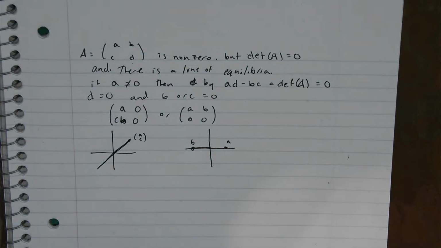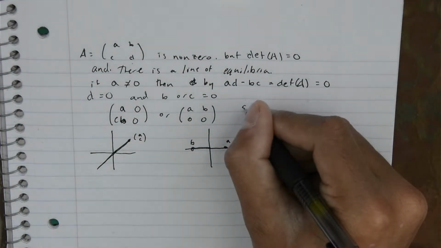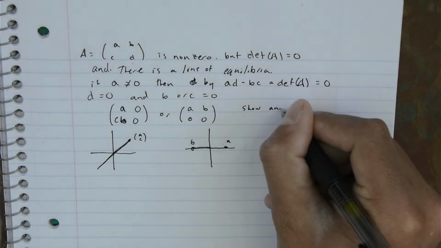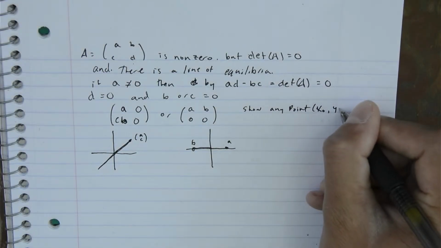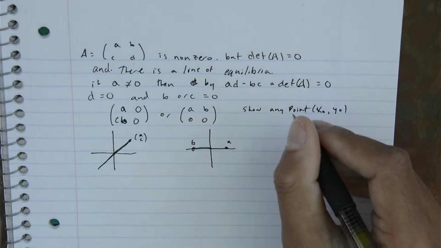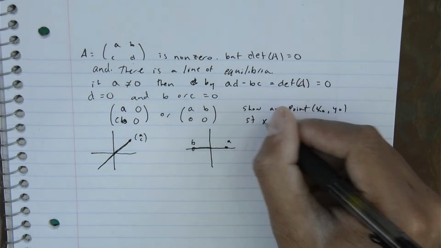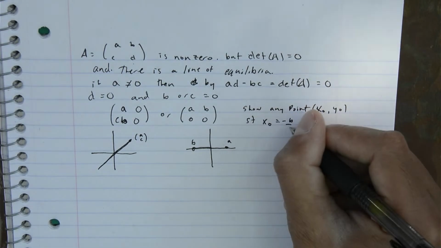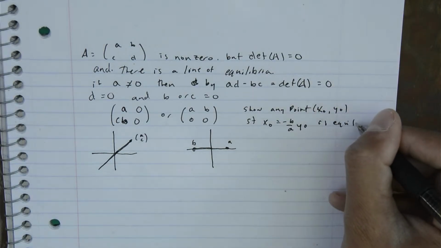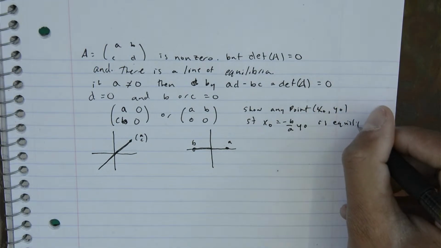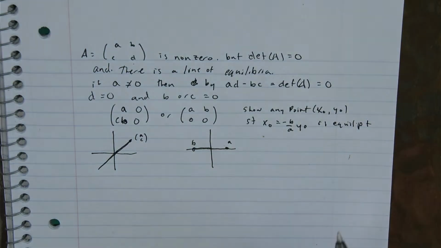And it's saying, show any point x0, y0, such that x0 is equal to minus b over a, y0 is an equilibrium point. Okay.